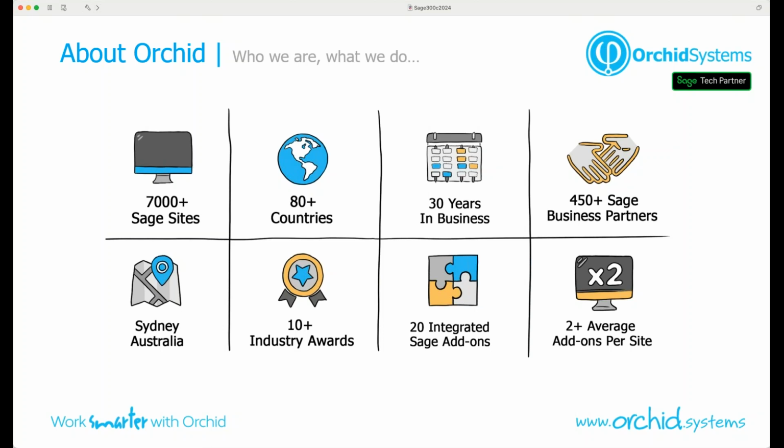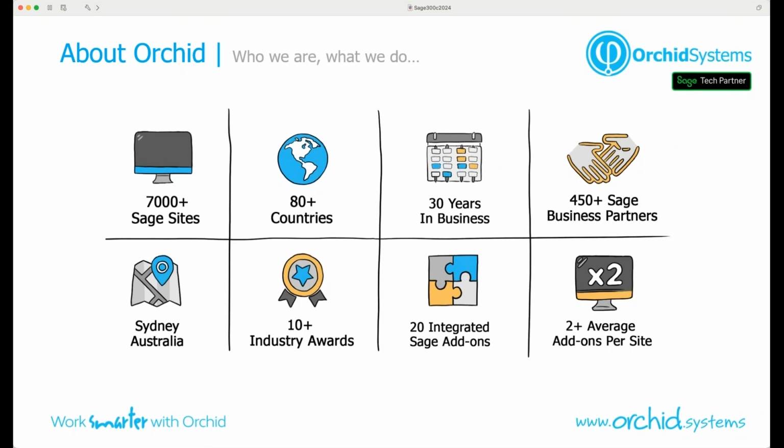This next point, we have 20 integrated Sage add-ons, is probably the most important point on this slide for you. When I showed you EFT processing, as you saw, all the screens looked and felt exactly like Sage 300 because we use the Sage 300 SDK, the software development kit, to create all our modules.